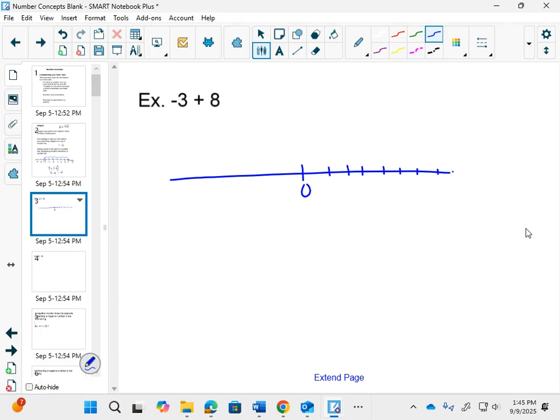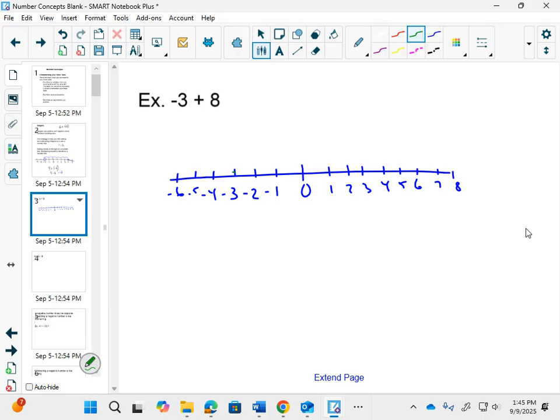So if I had a number line here, 0 in the middle, 1, 2, 3, 4, 5, 6, 7, 8, and negative 1, 2, 3, 4, 5, 6, there's a number line. What negative 3 plus 8 is asking is you're starting at negative 3.